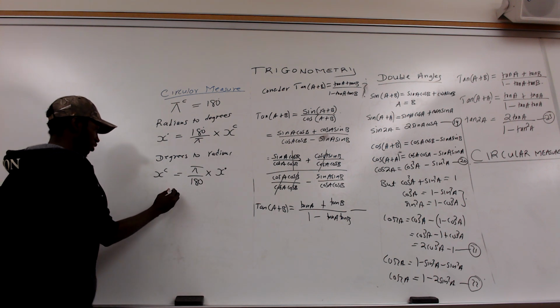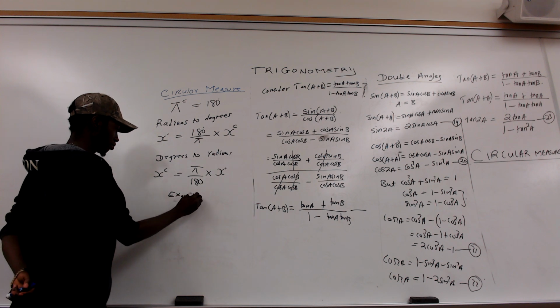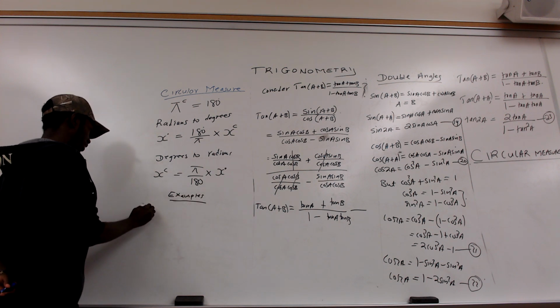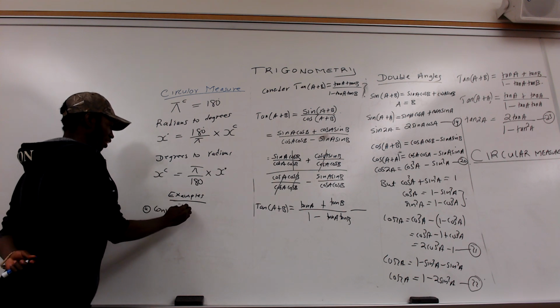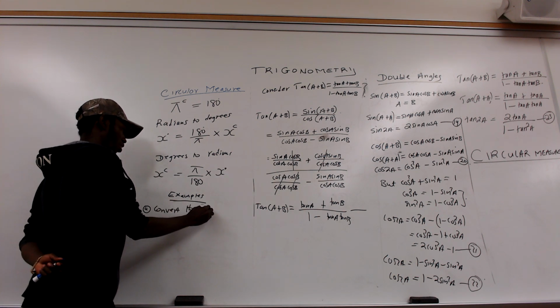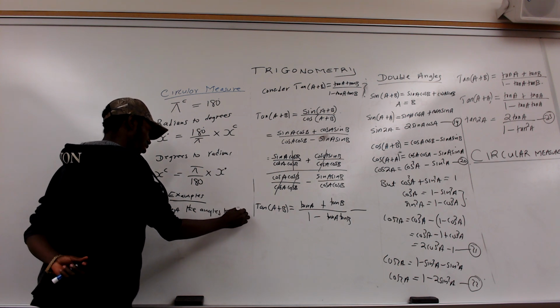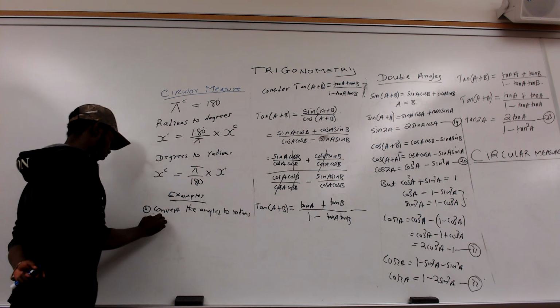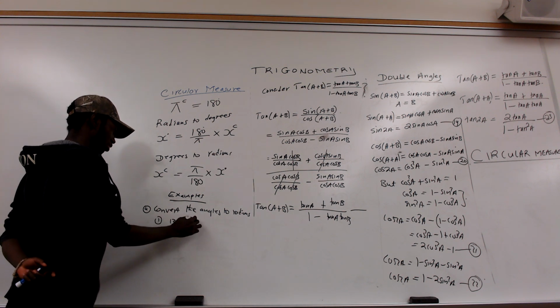So let's take examples. Number one, convert the angles to radians. The first angle is 135 degrees.